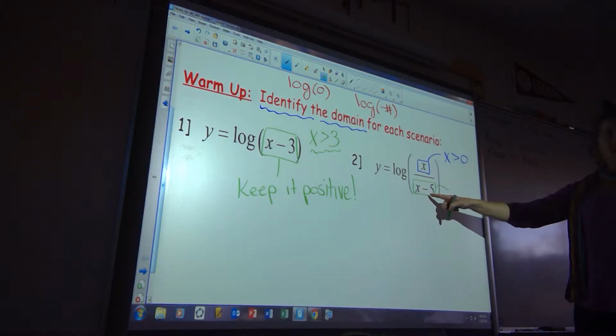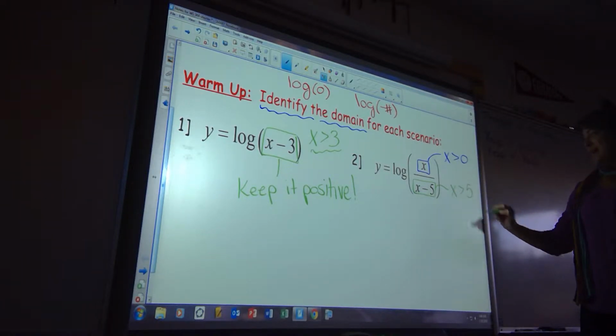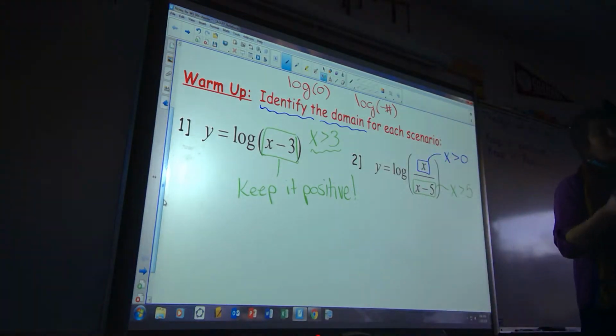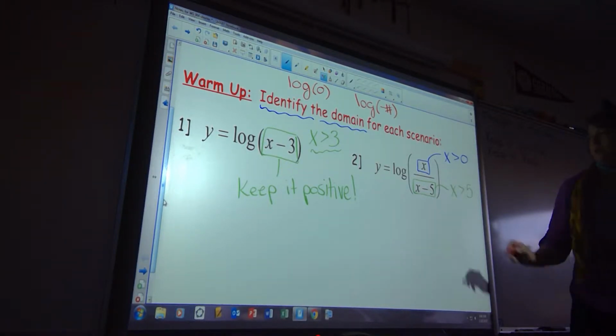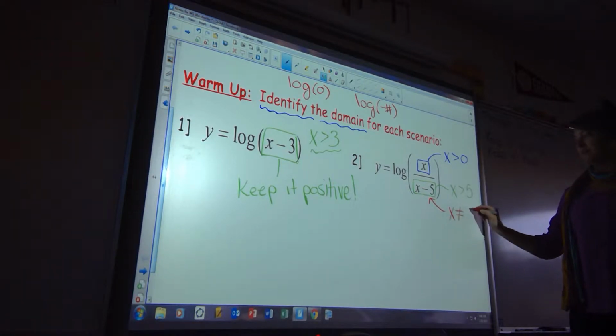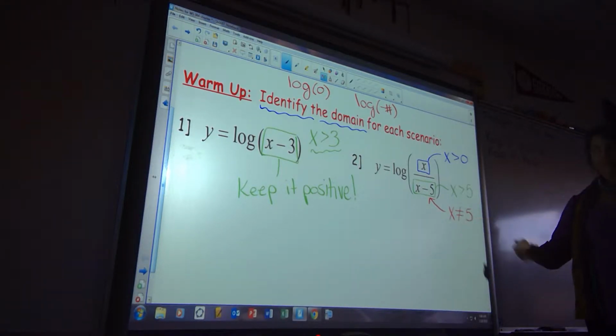So if I'm going to keep that positive, x needs to be bigger than 5. But I also have to keep it real. So what I mean by keeping it real is don't do something like divide by 0. Or don't do something like square root a negative number. So in this case, I also have to make sure that x never becomes a 5. All right, that allows me to keep it real.